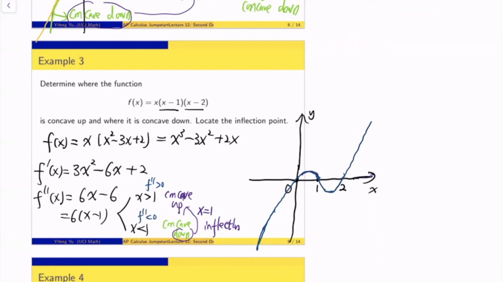This part is concave down, and then we have this part after x equals 1, which is concave up. You can see that if you draw a tangent line here, this portion is below the tangent line, and if I draw a tangent line here, this portion is above it.